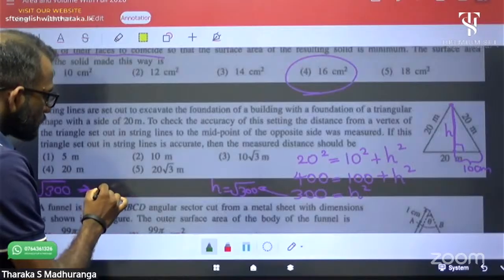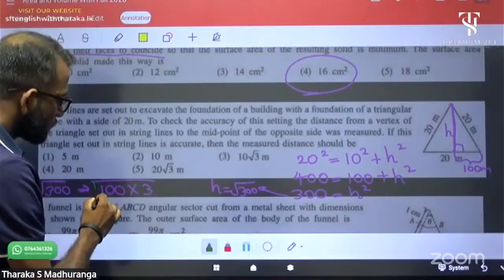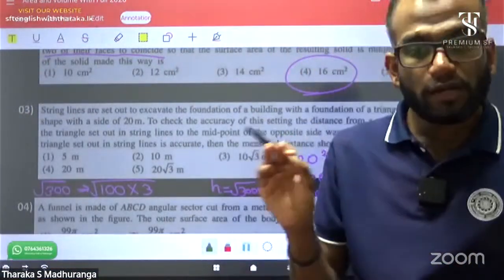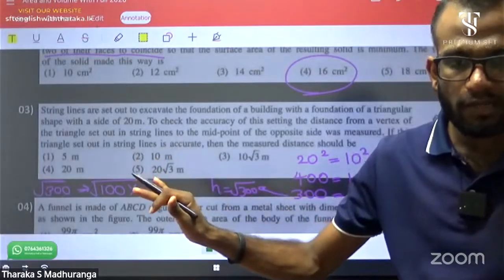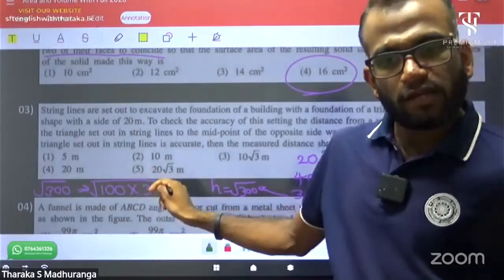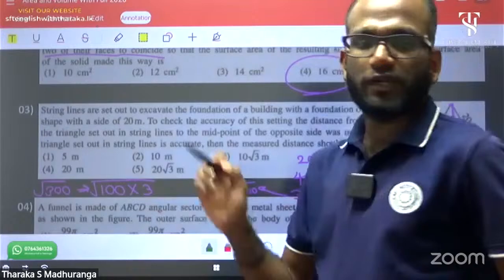We can write it as the square root of 100 into 3, the same thing, equal to 300. Now the square root of 100 is 10, and we don't know the square root of 3, so 10 root 3 is the answer.